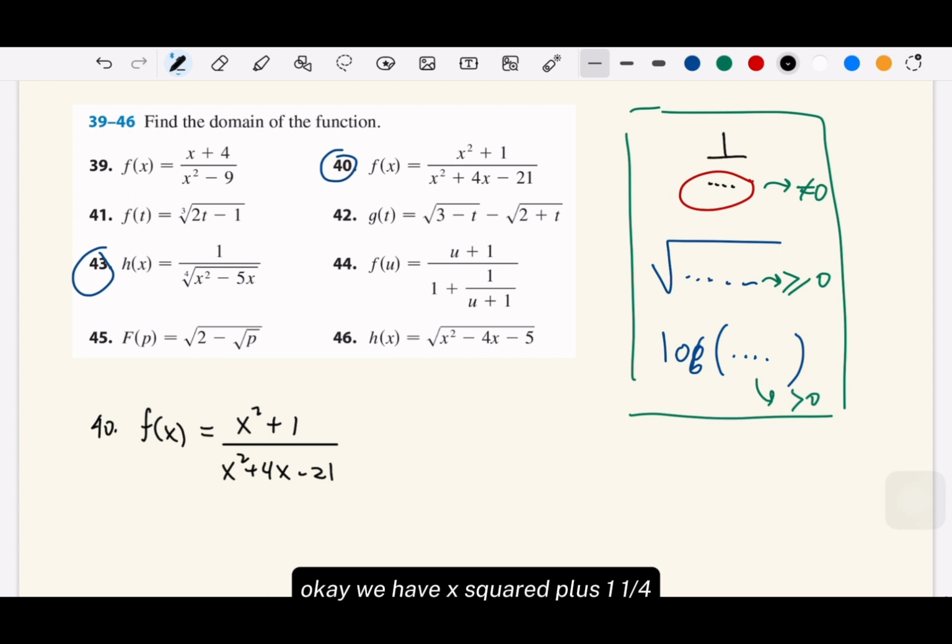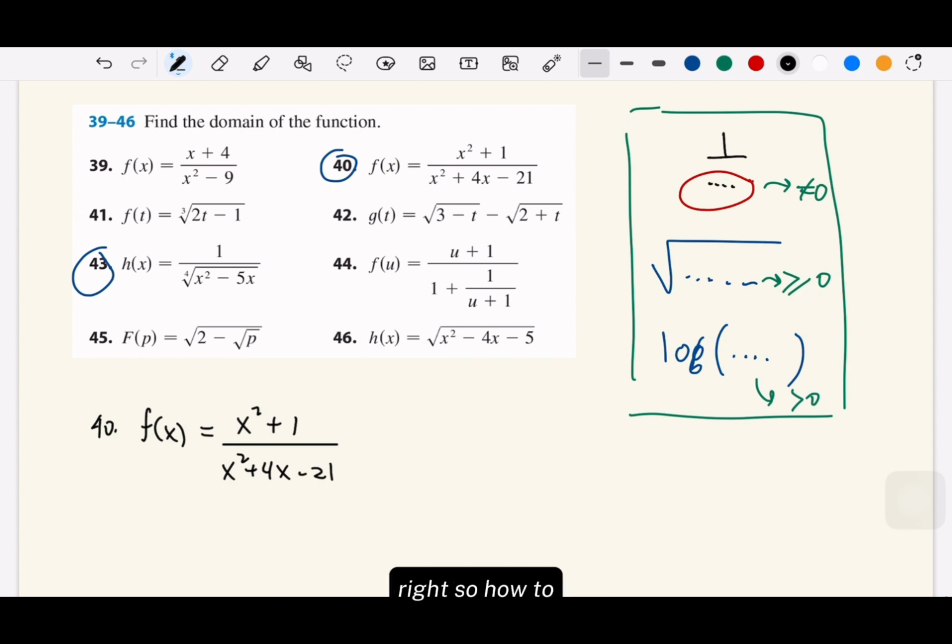We have x squared plus 1, a quadratic expression, and another quadratic expression on the bottom, x squared plus 4x minus 21. And of course, if you have a quadratic equation, your intuition will tell you to factor it, right? Why do you need to factorize? That's the question. Like I mentioned before, the function is defined by its domain, because we want to know what kind of domain this function has.